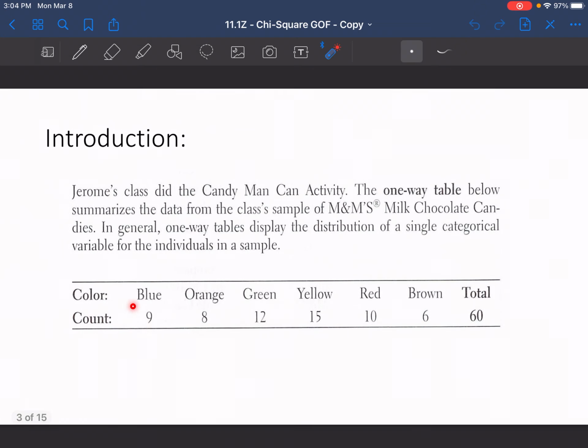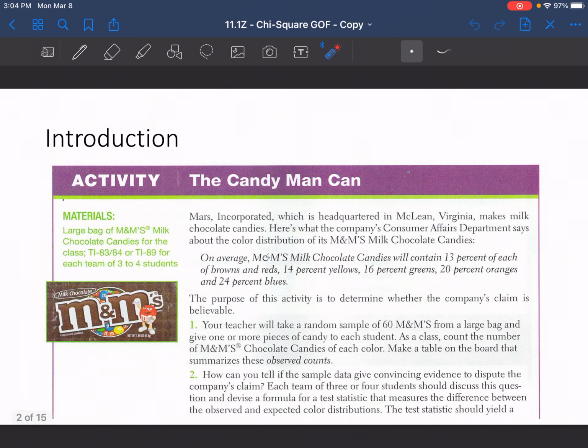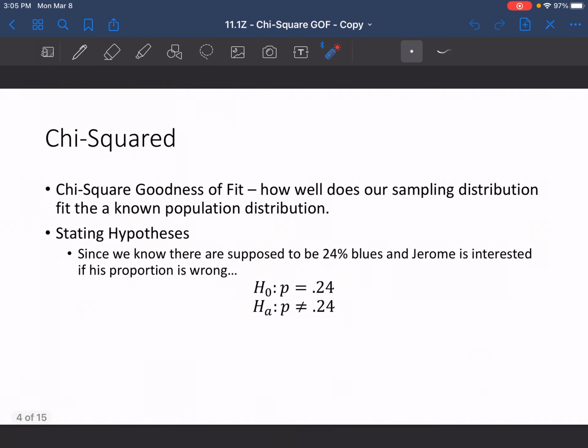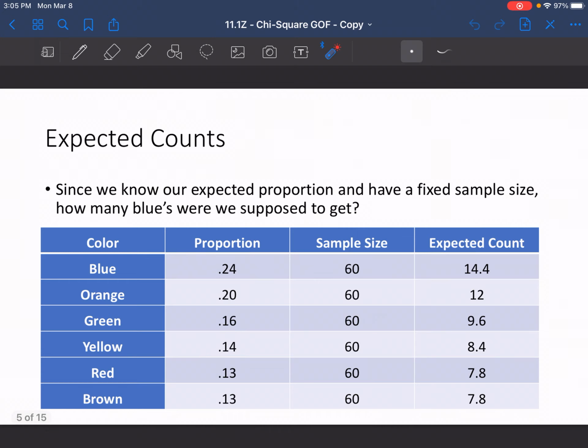In this case it seems that way because 9 is certainly not the largest number on here, and 24% is the largest percentage of any of the colored candies. So you would think that we would have more blues than any other color in here, but that just wasn't the case. So we're essentially trying to find the difference between what the population distribution is and what the sampling distribution is in this case.